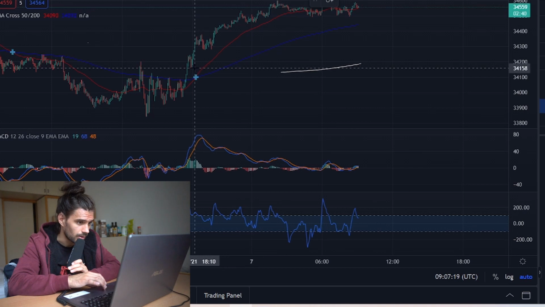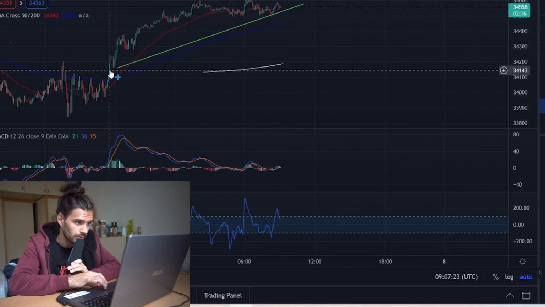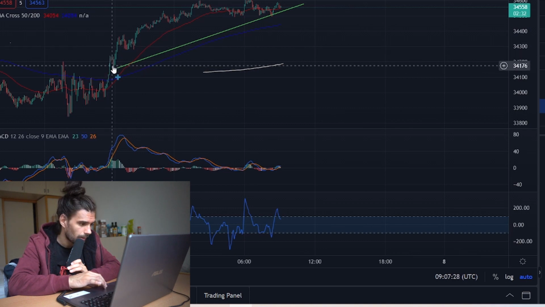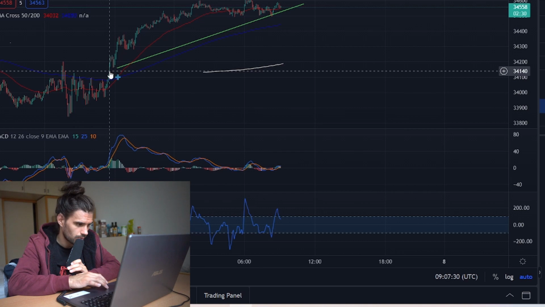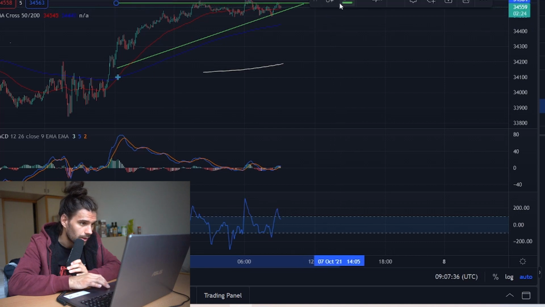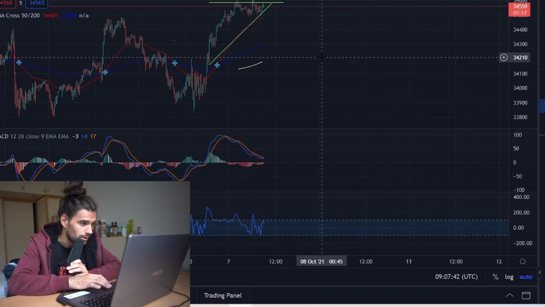So something like this. We are here kind of seeing an uptrend since yesterday. So pretty much, not exactly, about 19 hours where we are seeing this rally to the upside and coming closer to the resistance line.